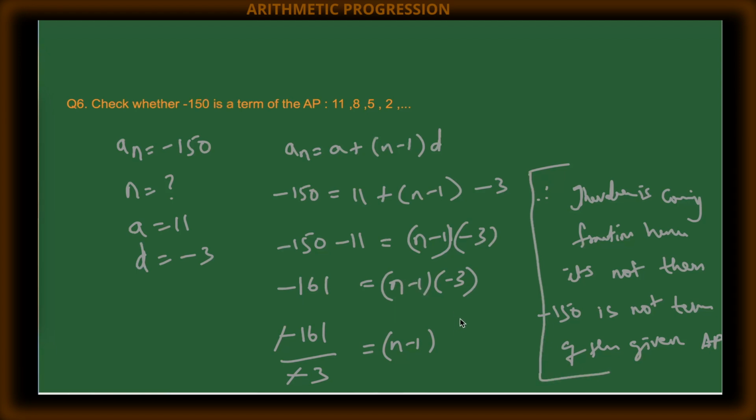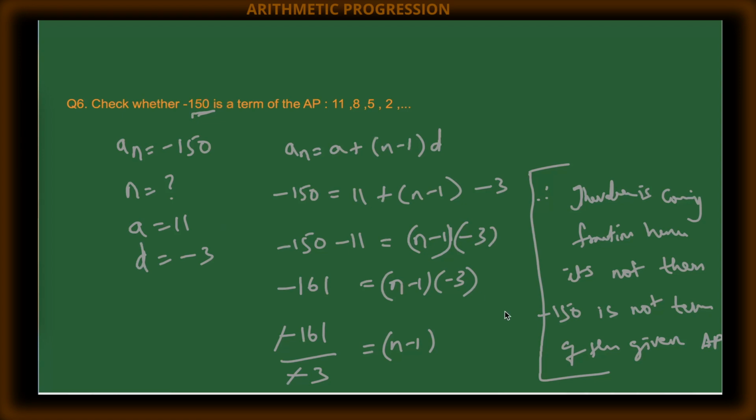Hope this is clear, students. When this sort of question comes, be careful that they're asking whether this belongs or not. If it comes in a fraction or in negative form, straight away you can say it is not valid. Okay, thank you.